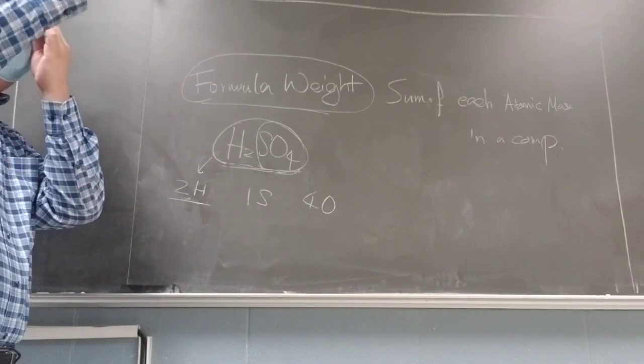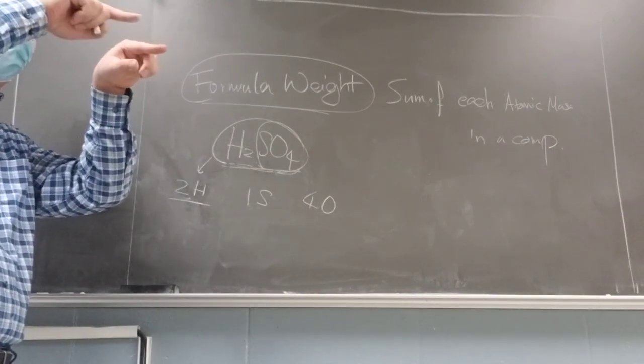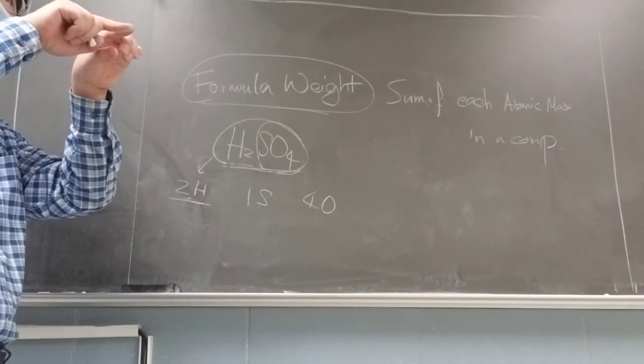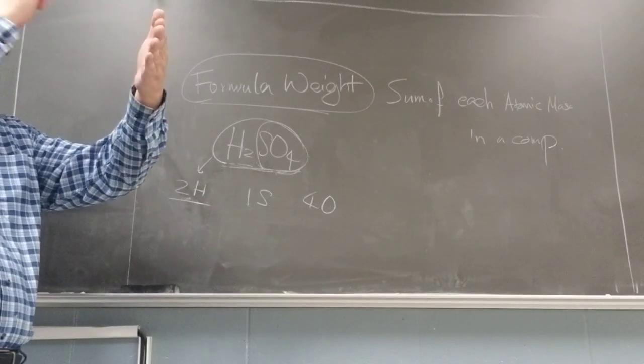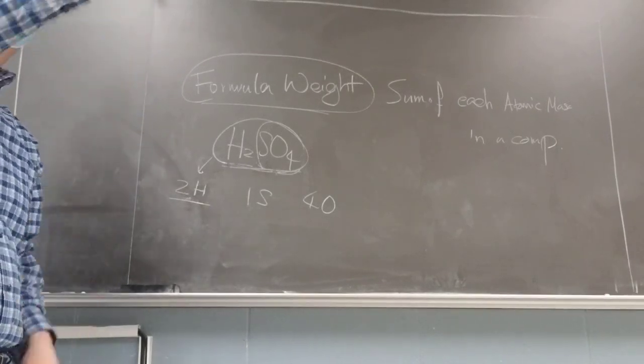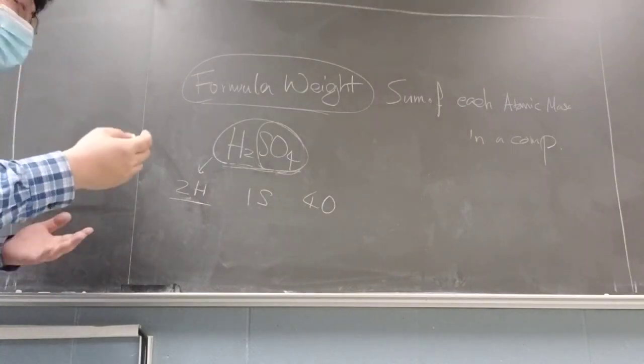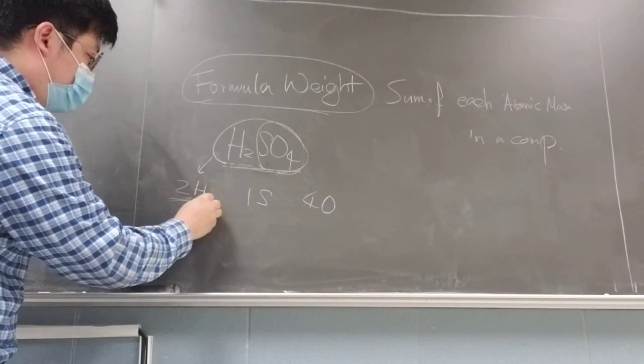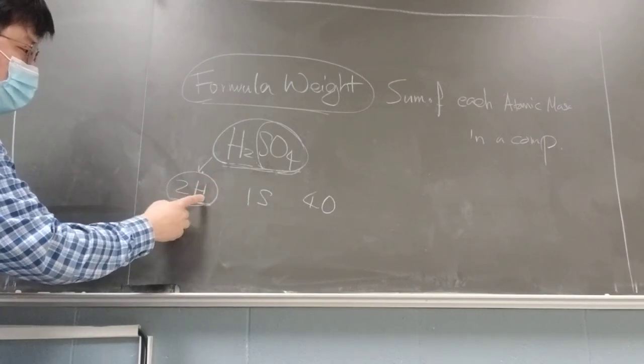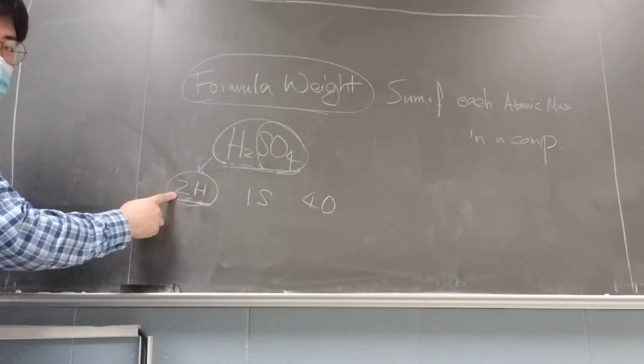But if you look at the numbers written right under your chemical element symbol, you see the numbers in red, right? You see like 1 and 4 and so on. So just find those numbers, that is your atomic mass number, and then just copy it here and multiply by how many you have in each compound.